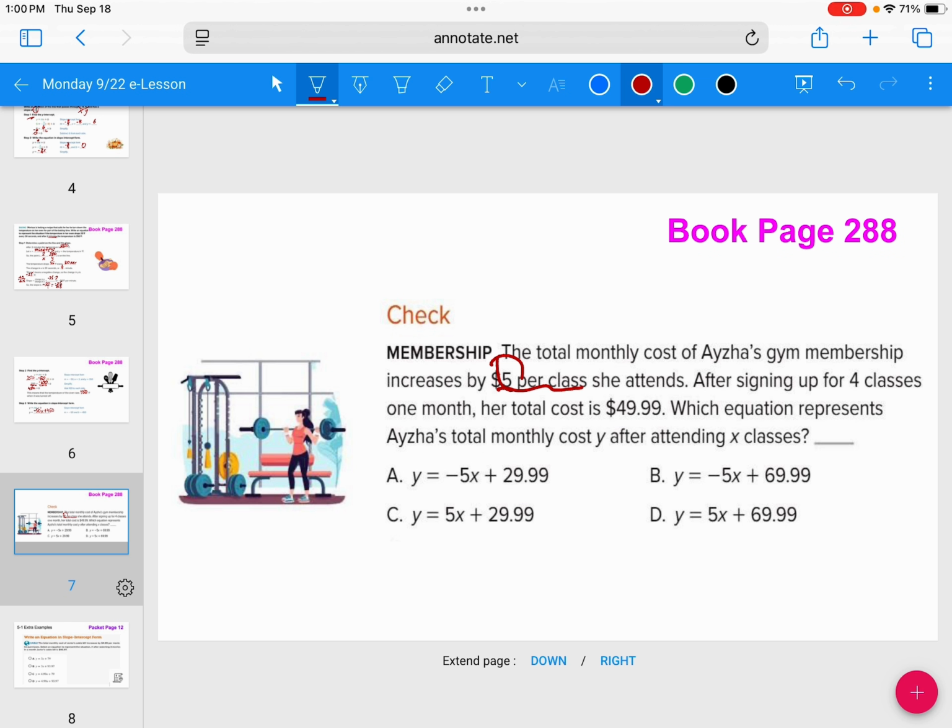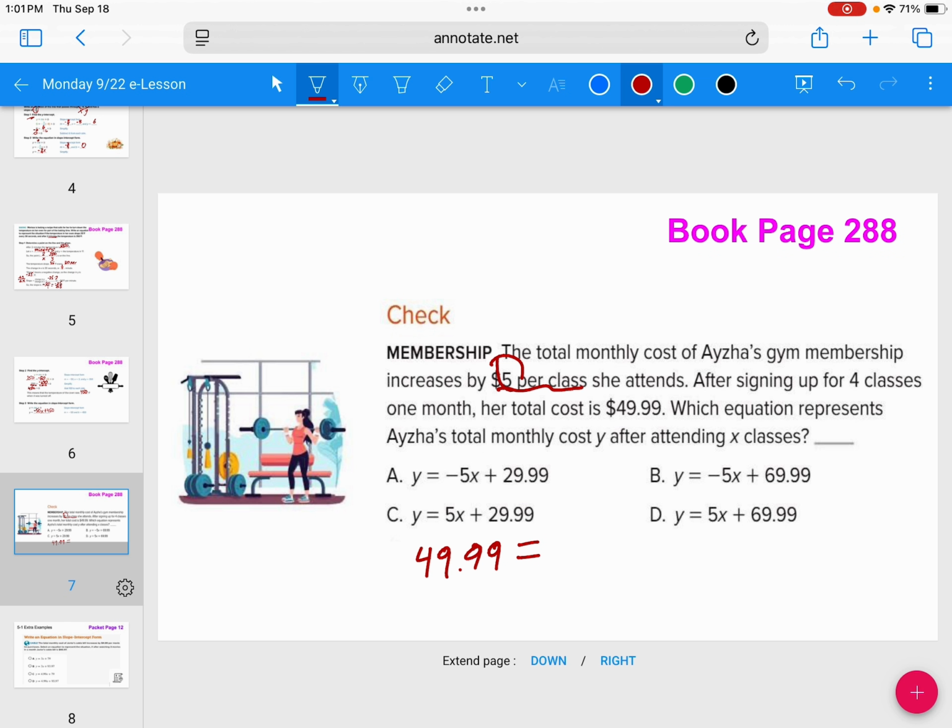So I'm definitely going to see $49.99 be my starting point. Insert for y there. So that's a point on our equation. And that's going to equal, so it's a cost, so it might be negative. We have to think about that.